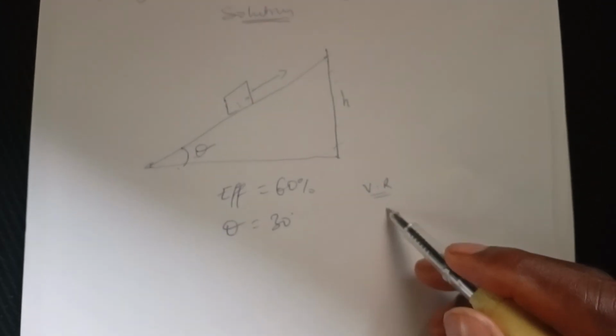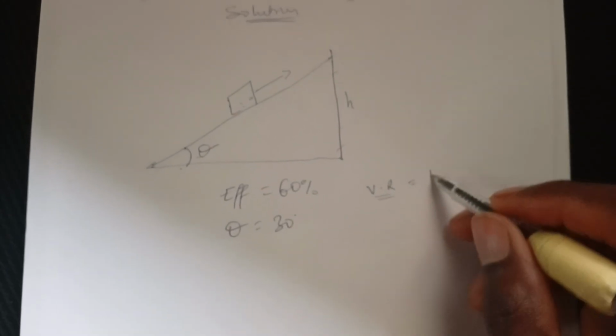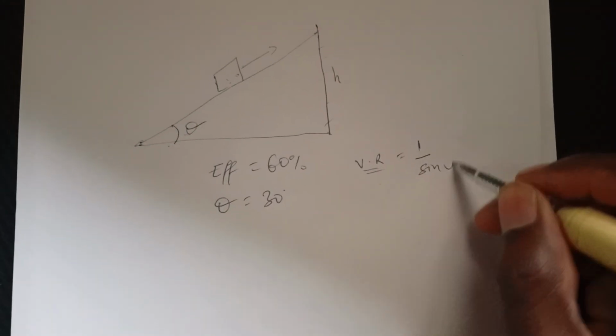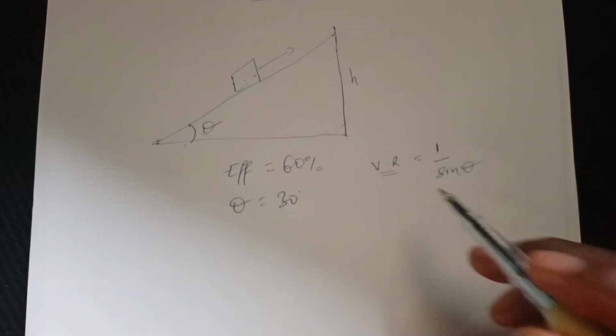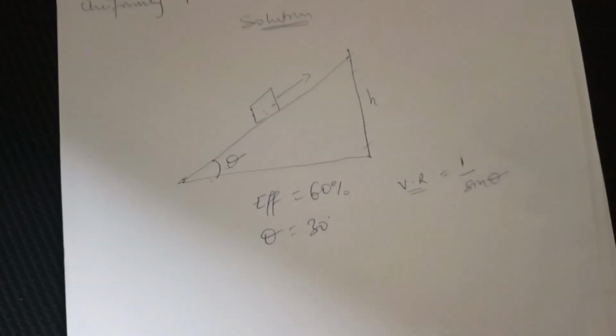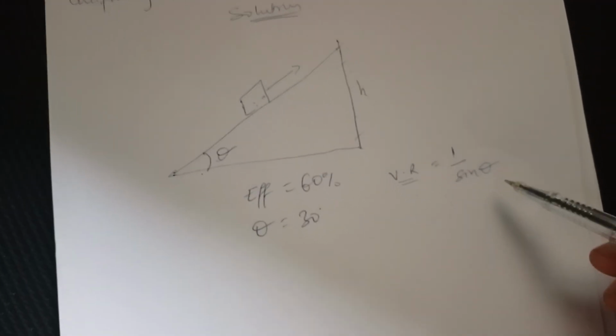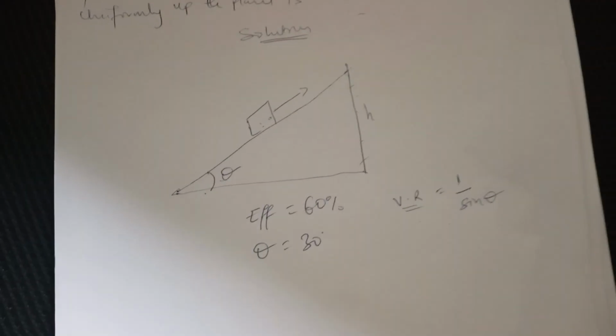But the velocity ratio for an inclined plane is equal to 1 over sine theta. There's more to this, but with the limit of this class, let's just use this. There are a lot of proofs we can use to get this. If you have questions, please, I would love to receive every question.